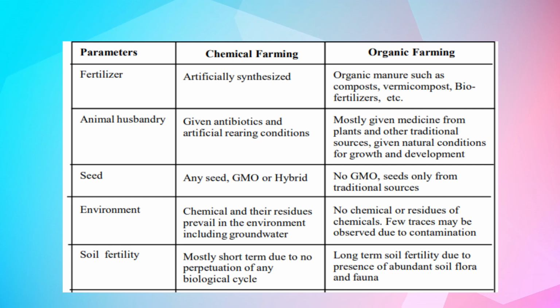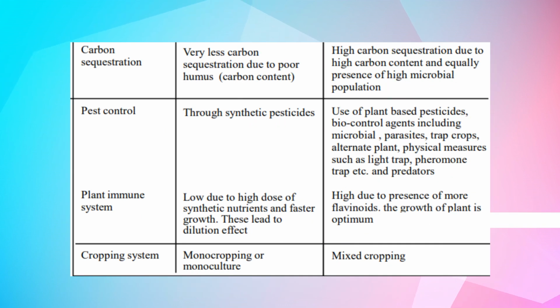In organic farming, there is long-term soil fertility due to the presence of abundant soil flora and fauna. Then in the case of carbon sequestration, there is very little carbon sequestration due to poor humus content in the soils in chemical farming. But in organic farming, the carbon sequestration is high due to high carbon content, and equally there is a high microbial population.